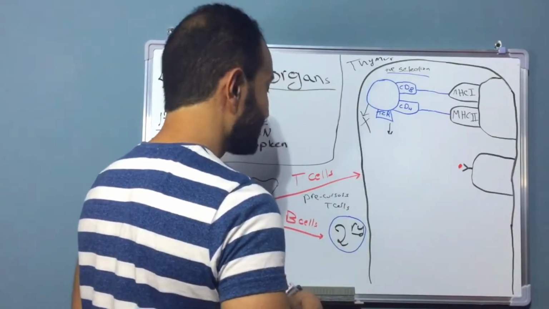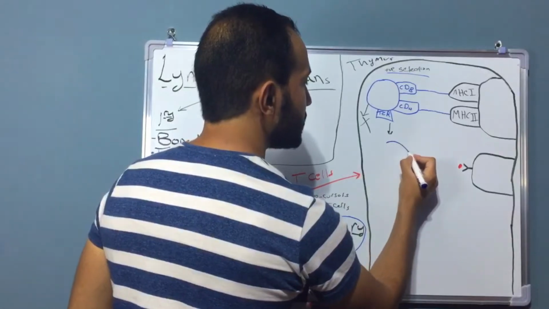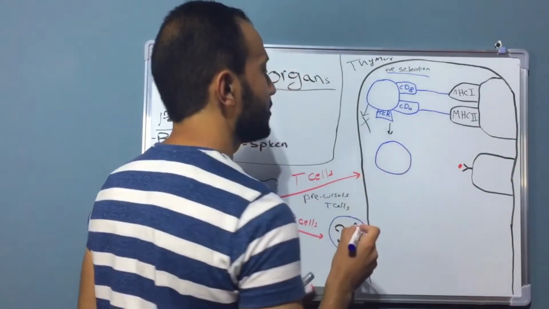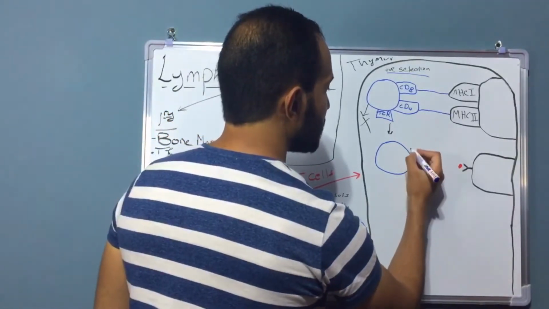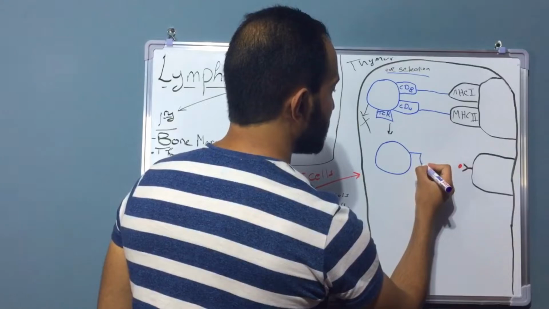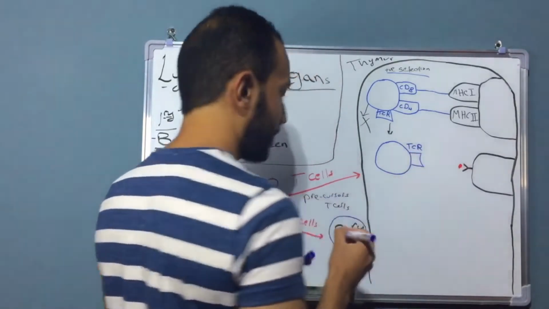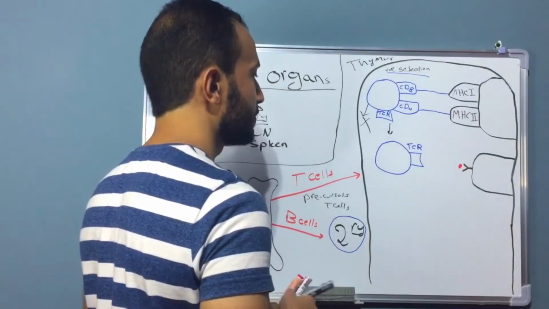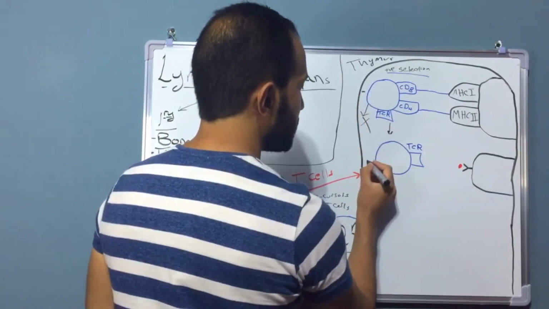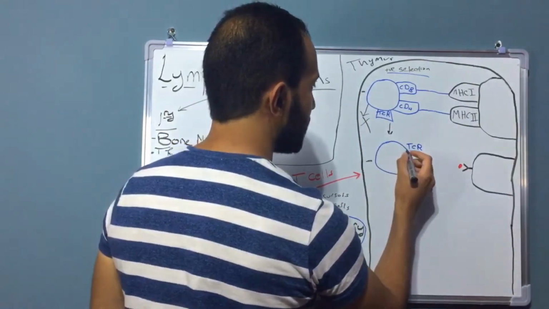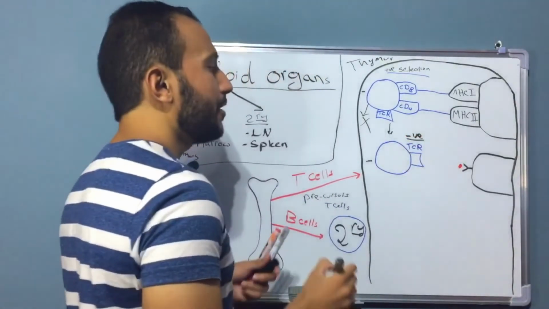Okay, we will continue as if it reacts to MHC class 1 and MHC class 2. Here is a T cell which has passed the first test. Here is a TCR. This stage is called the negative selection. Why negative selection?